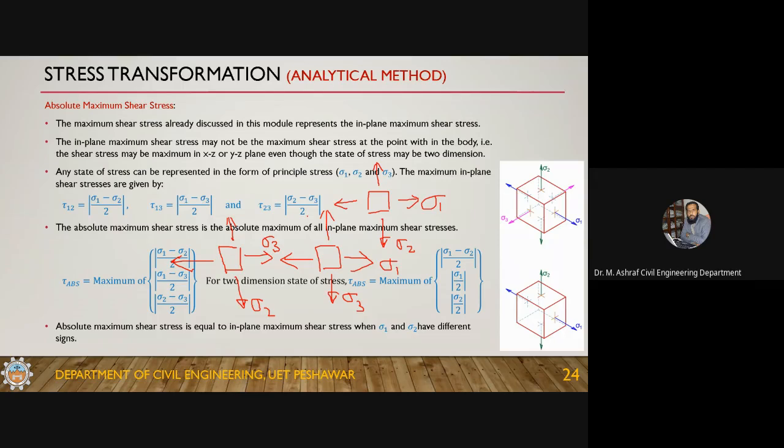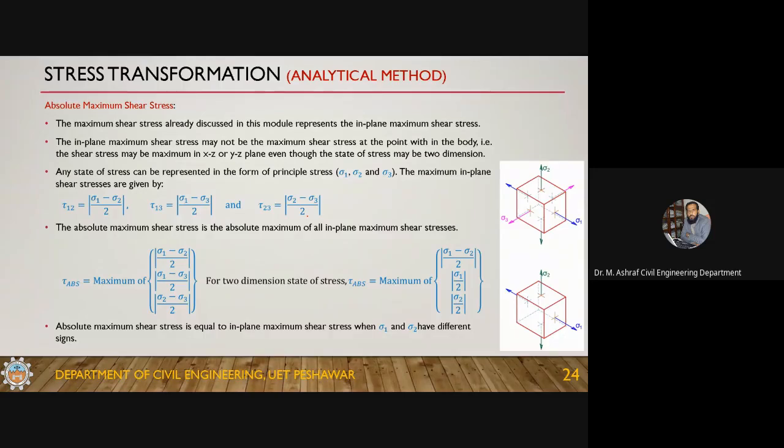It does not make a difference, unless you are adding this value to some other similar quantity. So you got this expression, and these are the stresses in three dimensions.